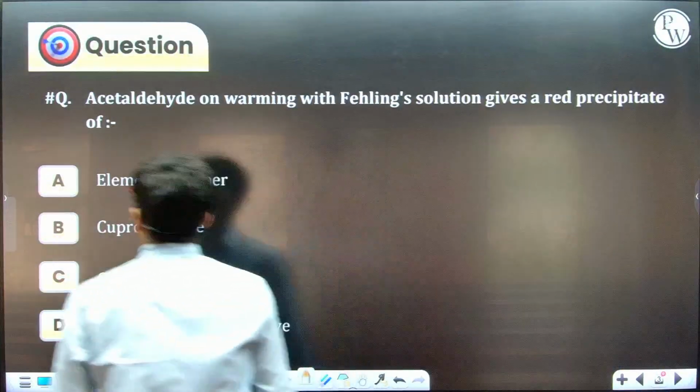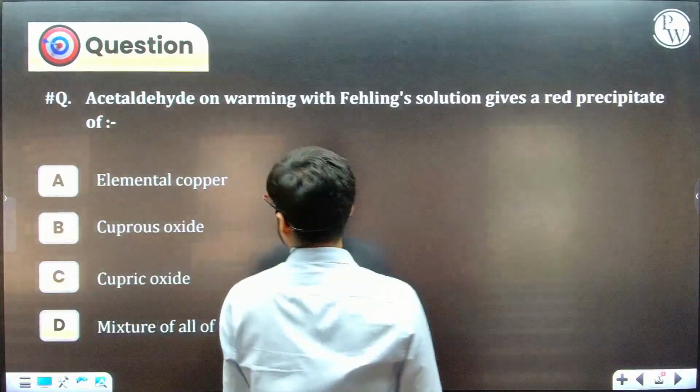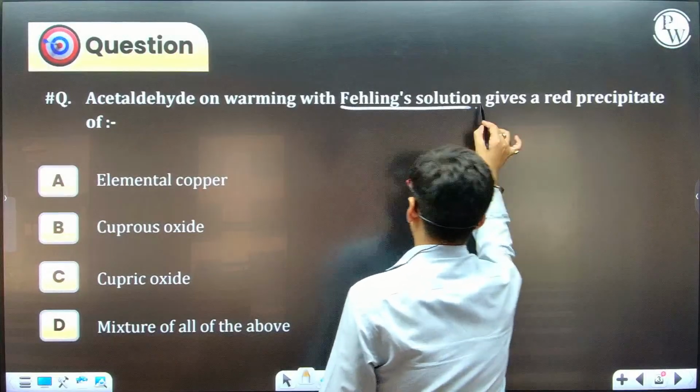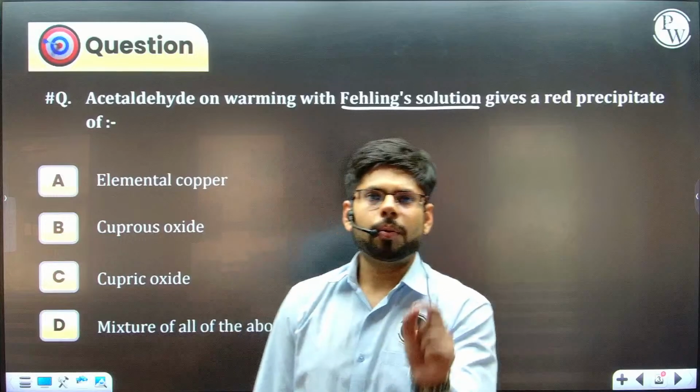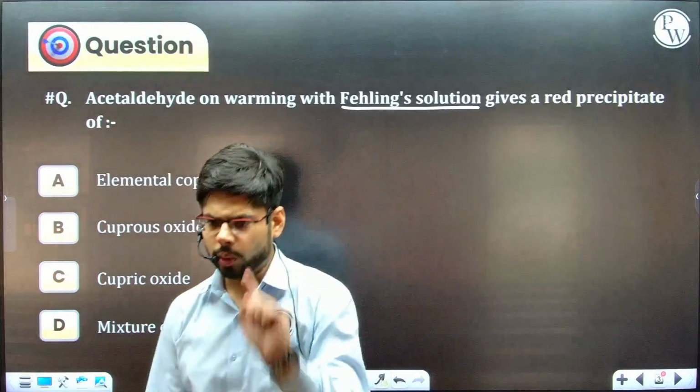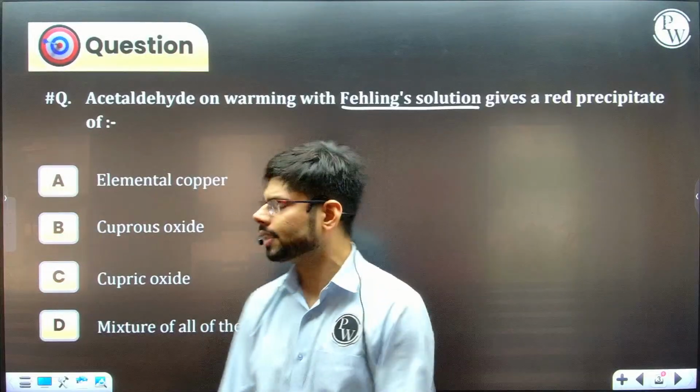First question. Acetaldehyde on warming with Fehling's solution gives a red precipitate of. Now what is Fehling's solution? If you remember, Fehling's solution is used to test the presence of non-aromatic aldehydes.